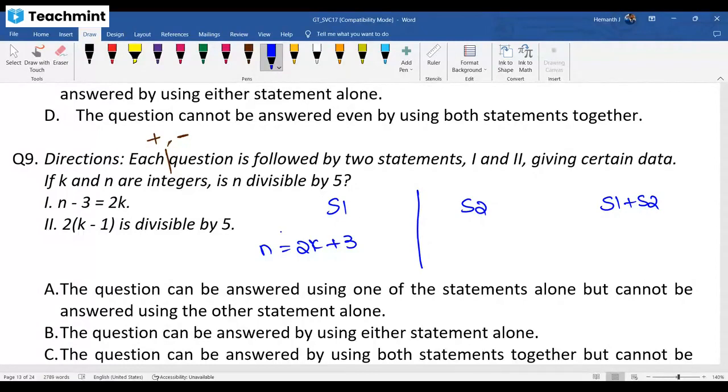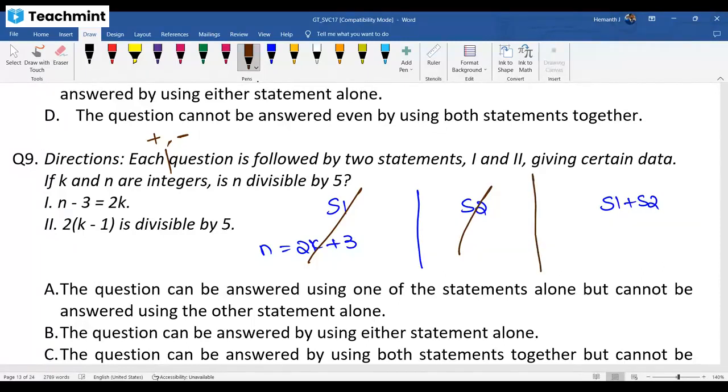Are you getting that? So I cannot decide. Statement 1 alone, I cannot answer whether n is divisible by 5. I don't have a guarantee. Whereas the next one says 2k minus 1 is divisible by 5. But how is that related to n? That is not there. So statement 2 alone also is not possible.